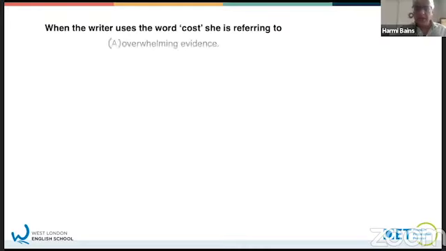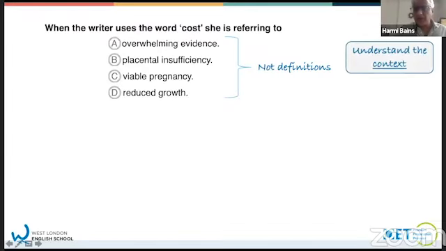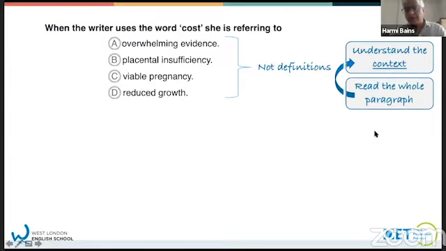So here are the answer options. And you can see none of these are definitions of the word cost. So we need to work out how the word cost is being used in context. We need to understand the paragraph. We need to understand the context. To understand the context, yeah, we got to read the whole paragraph, and that's what we're going to do.